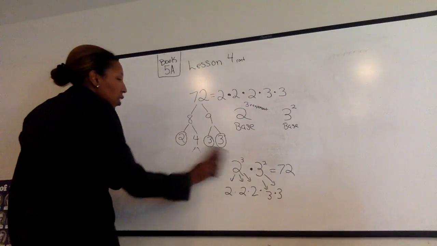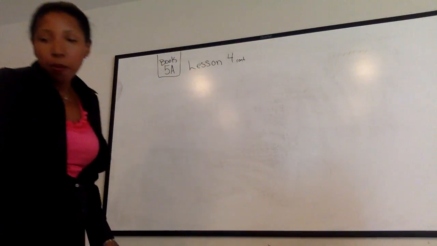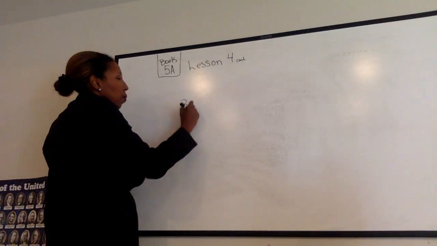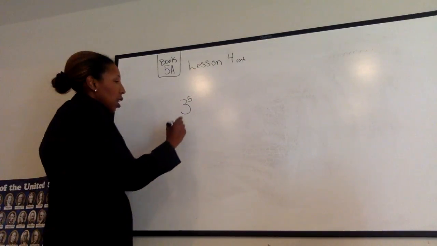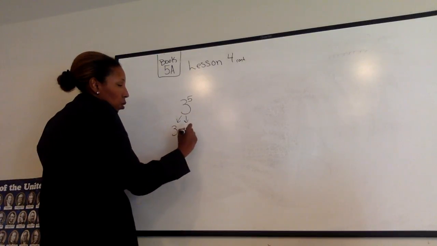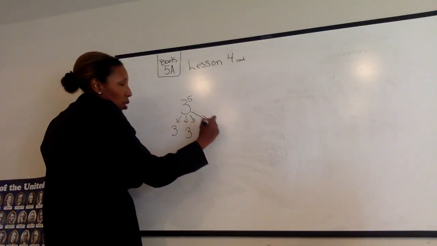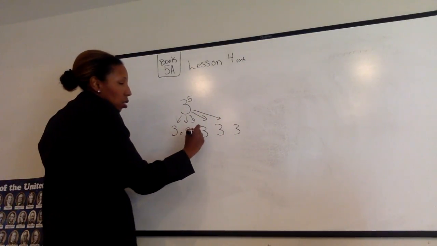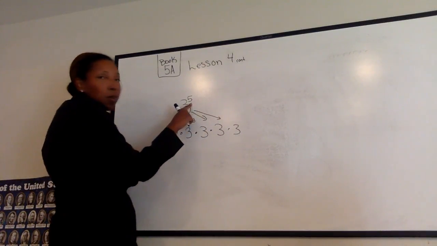So if I was to have the number 3 to the 5th, I know that I would just take 1, 2, and you don't have to do the arrows, I'm just doing that to help you, 3, 4, 5. 1, 2, 3, 4, 5, which matches this number up here.